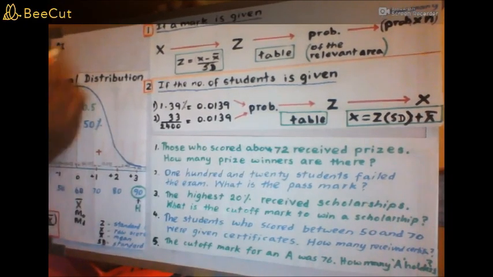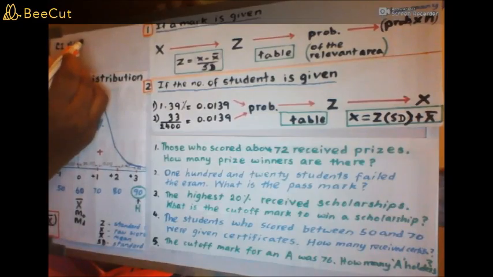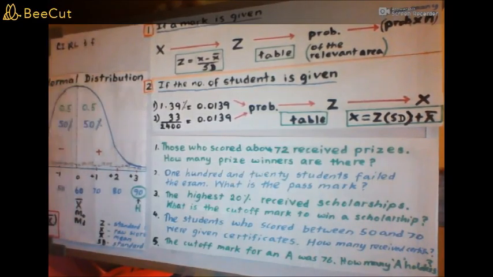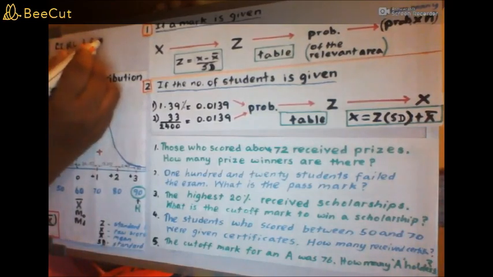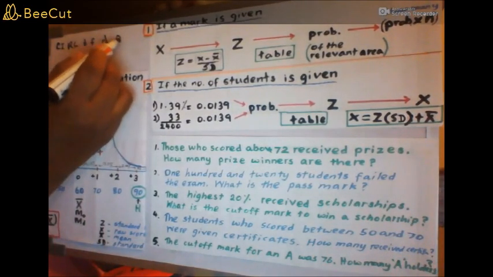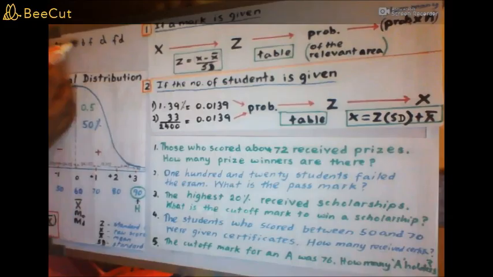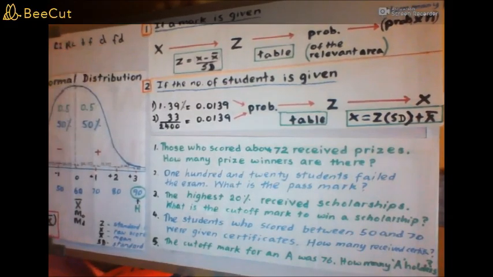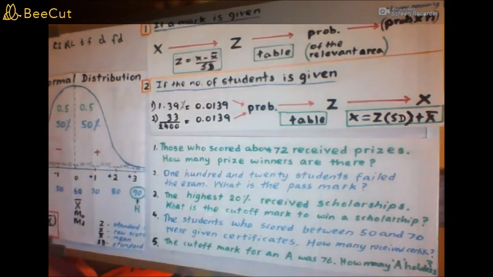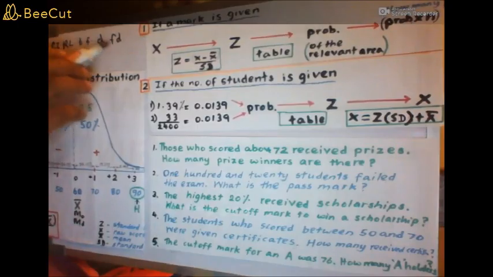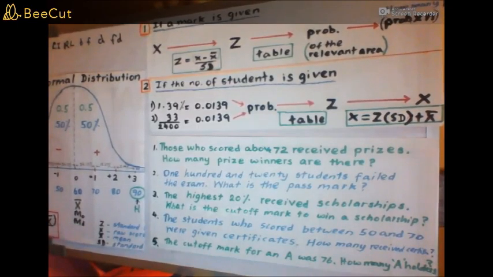If they give this one, and real limits, then tallies, frequencies, then D column, FD column. 1, 2, 3, 4, 5, 6. Six column headings you will have to remember.